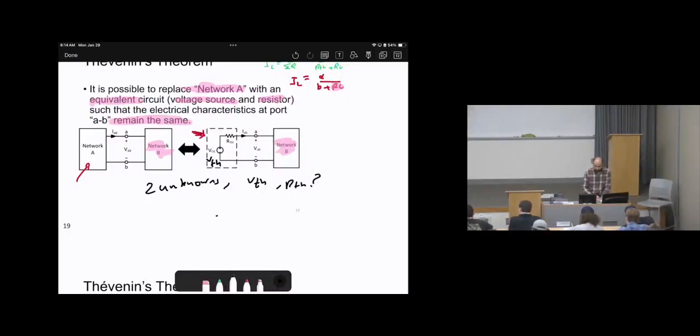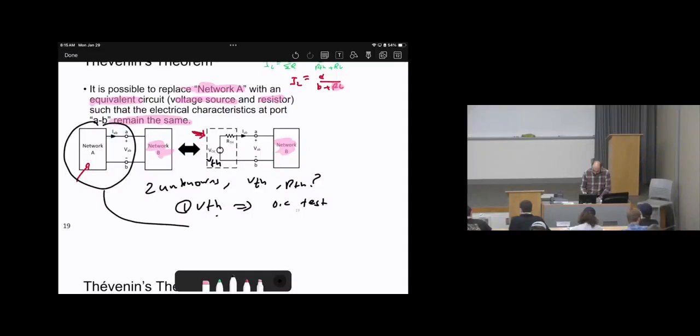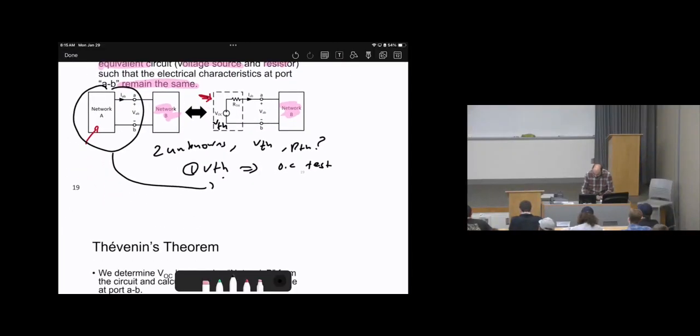So there are two ways to calculate them. I mean, two ways in calculating actually R Thevenin, not V Thevenin. So let's talk first about V Thevenin. In order to calculate V Thevenin, we will apply something called an open circuit test. What does open circuit test mean? We will take network A, without network B. Just make the terminals of network A open circuits.